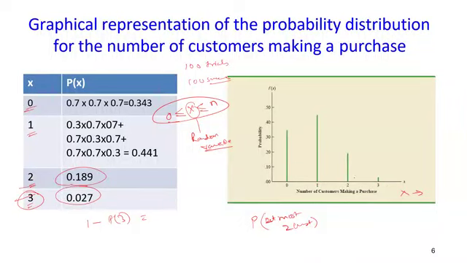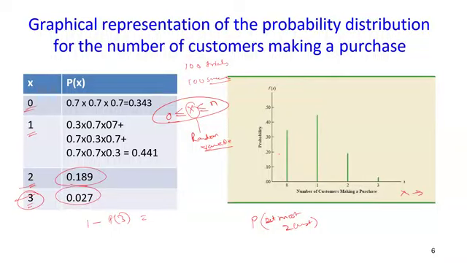In this case, the number of trials was 3. I was interested in every 3 customers coming to my store, what is the probability that 2 customers will buy my product. So the range would be from 0 to 3.